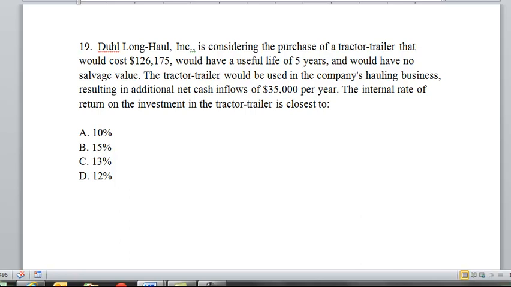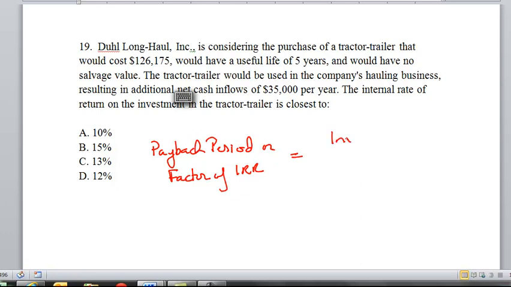Well, to do that, we first need to calculate our payback period, or the factor of internal rate of return. And that's the investment required again divided by the annual net cash inflow.